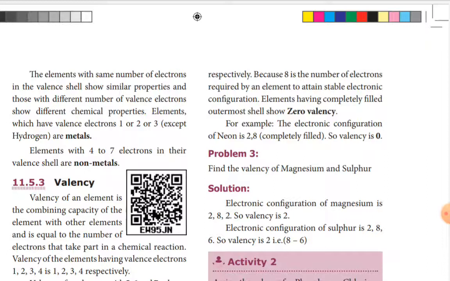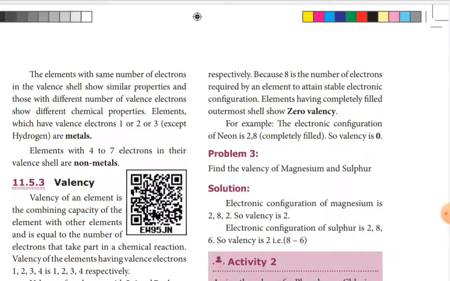Similarly, potassium has 1, and aluminium has 3 electrons in the outermost shell. Magnesium has 2 electrons. So metals have 1, 2 or 3 electrons in the outermost shell.